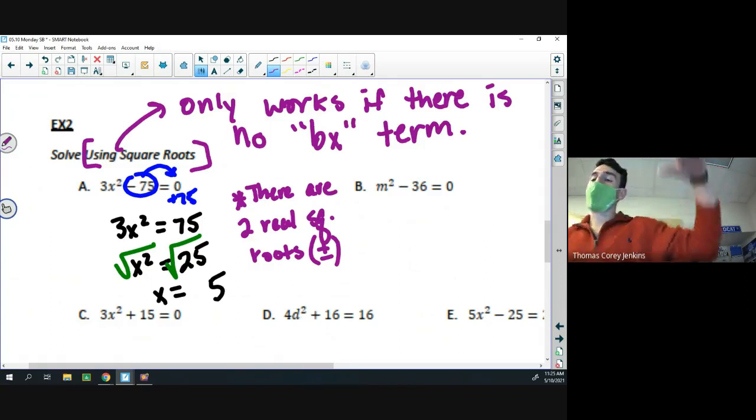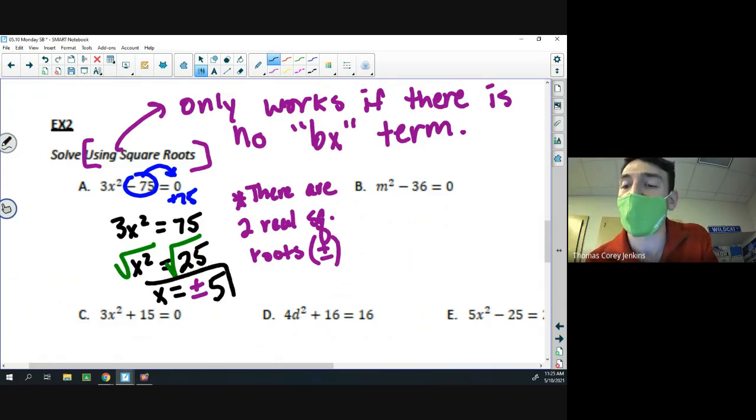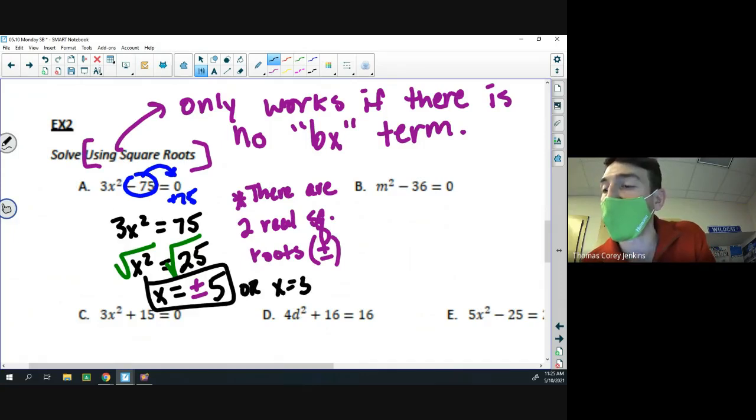All right. So when you take the square root of both sides, you have to use this plus or minus symbol. Okay. So what that means is, and this is fine for a final answer, but what we're literally saying is x can be 5 or it can be -5. Both are true. Okay. Now, why is that the case?